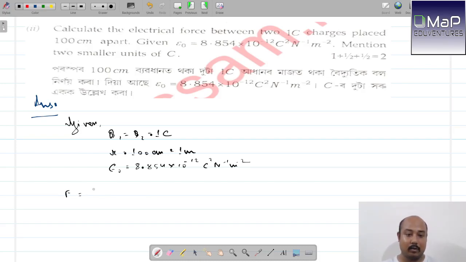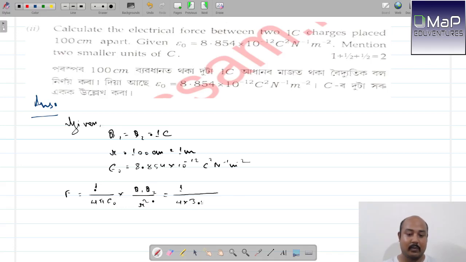Using Coulomb's law, the force between two charges is 1/4 pi epsilon naught into q1 q2 by r square. All the quantities are in SI unit. For pi, we can take 3.14 or 22/7, however you wish.